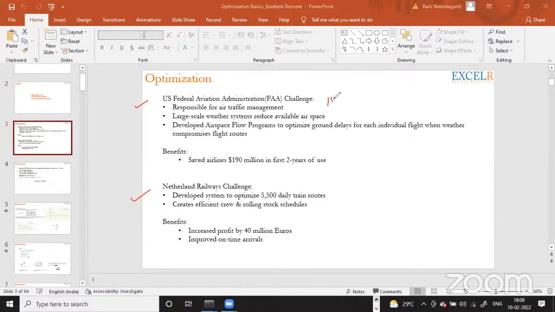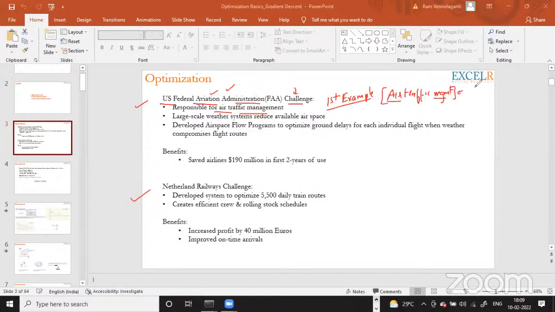The first example we are going to focus on is the US Federal Aviation Administration challenge. The US Federal Aviation Administration is responsible for air traffic management.